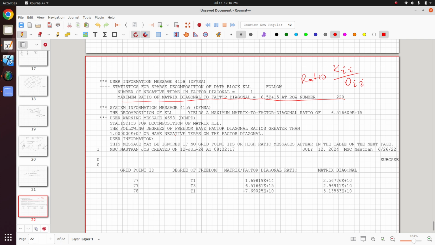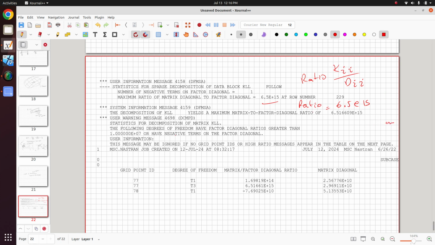What they're saying here is that the ratio in this case is equal to 6.5E15, and you can see it's very, very large. It's greater than the default of 1.0E7. So we have a mechanism here.